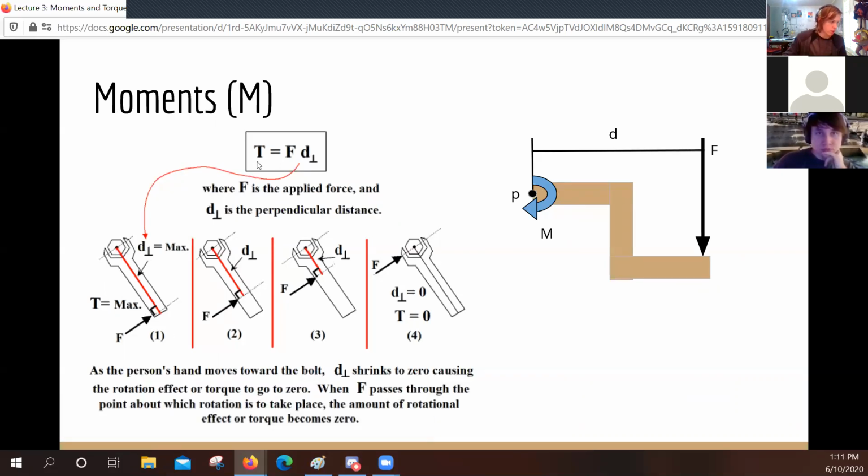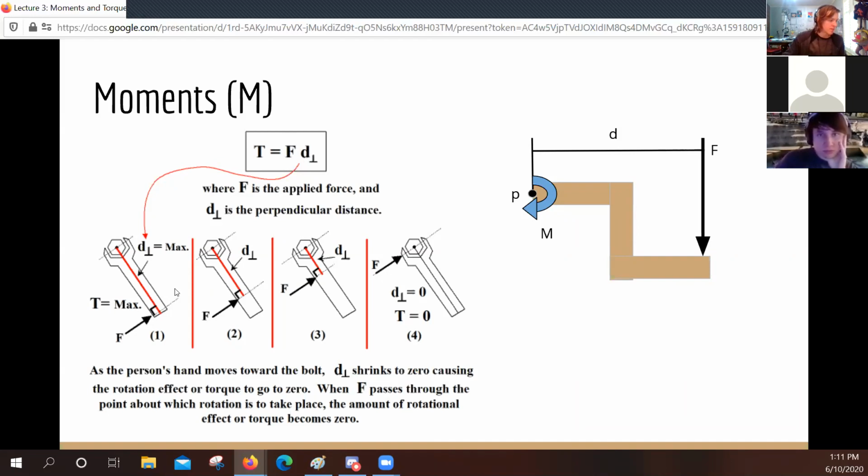So torque, which is also basically what a moment is, is force times the distance perpendicular to that force, okay? Or you could say distance times the perpendicular force. This little upside down T means perpendicular. It means it's at a 90-degree angle, okay?